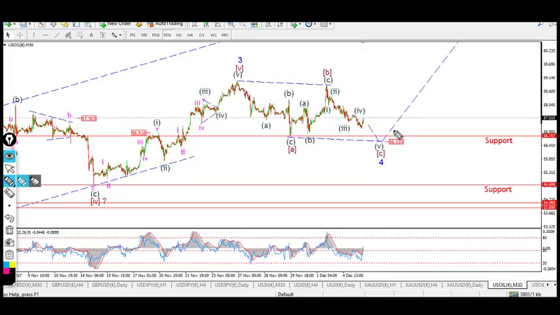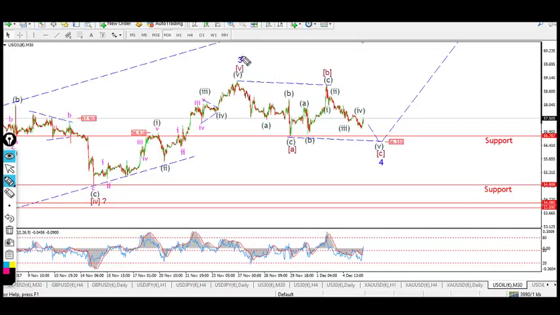And if there's a nice impulse move off the low with a higher low and a swing in momentum as well, which is actually the short-term momentum is already swinging, we might see a nice opportunity develop to the upside, which might even make your year.